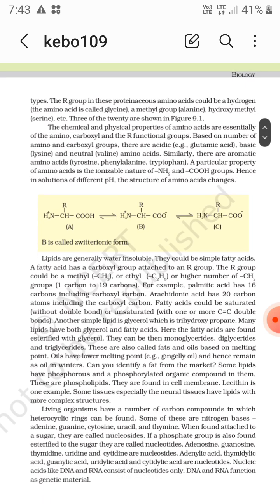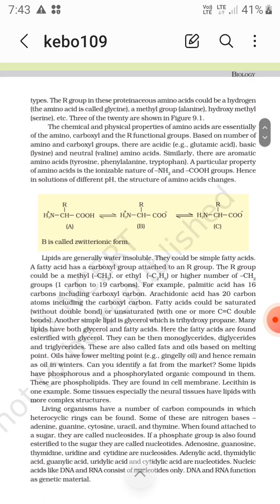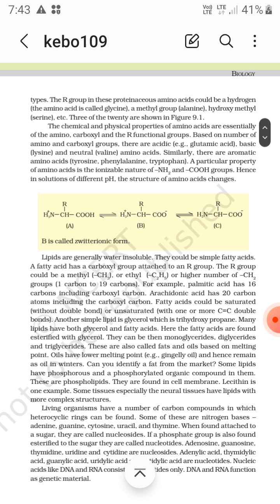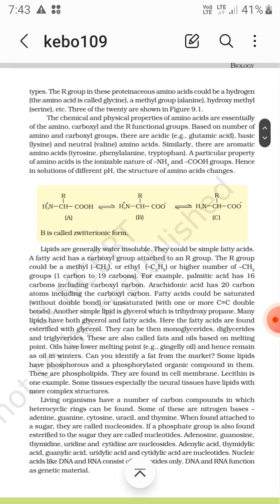A particular property of amino acids is the ionizable nature of NH2 and COOH groups. Hence, in solutions of different pH, the structure of amino acids changes. As you can see, in the first diagram NH3 positive COOH, in the second diagram NH3 positive COO negative, right?